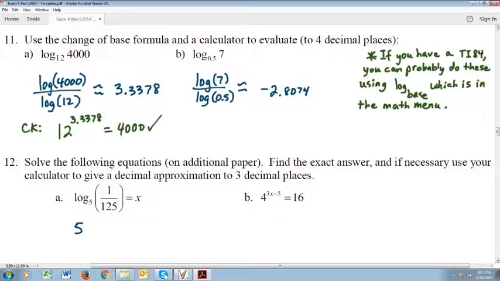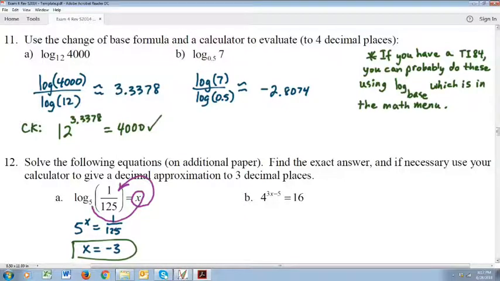So here, notice 5 to the x power should equal 1/25 if we change this to exponential form. So we have 5 to the x power equals 1 over 125. And we know 5 cubed is 125. So x would have to be negative 3 here.